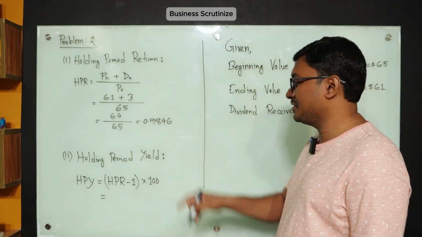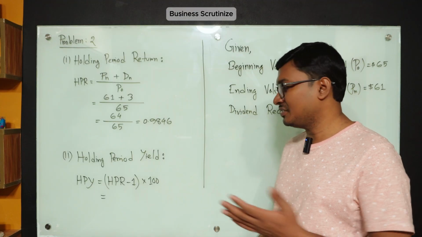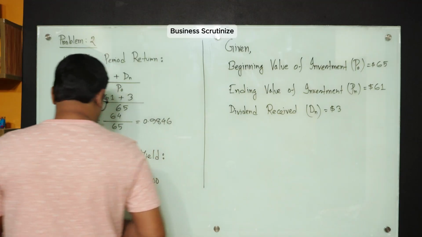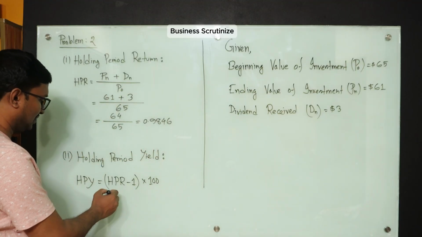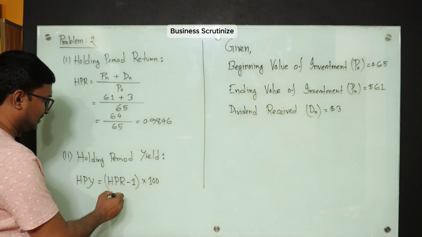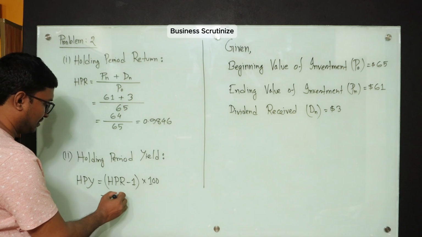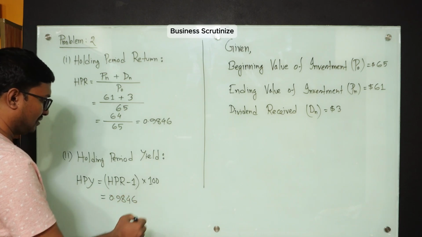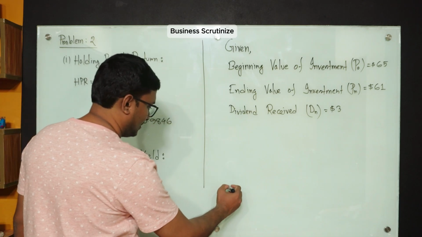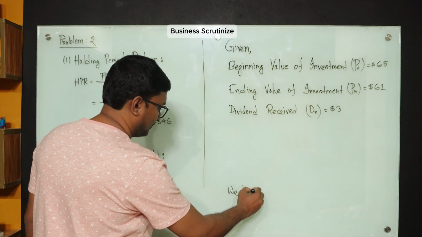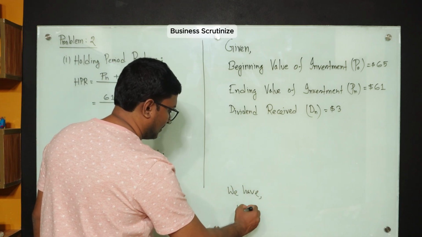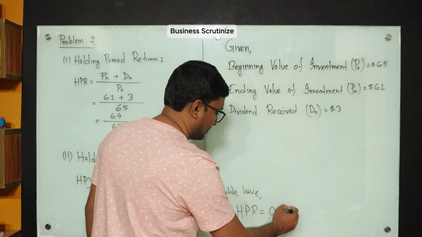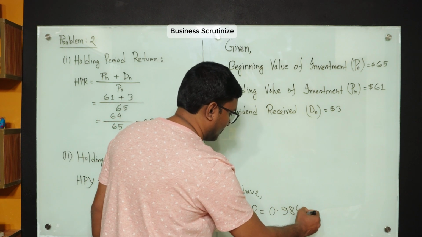Considering this holding period return, we can find the holding period yield using the formula HPR minus 1. We have HPR here, 0.9846.